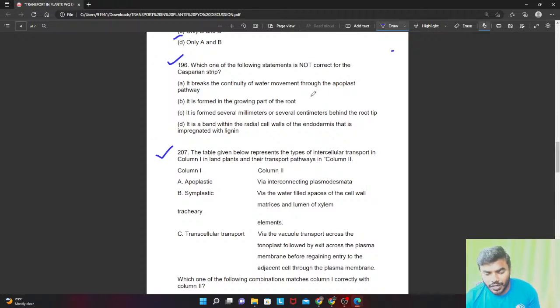In order to answer this, you require actually 12th class knowledge. Deepika, look into the question dear. They asked which is not correct, okay?